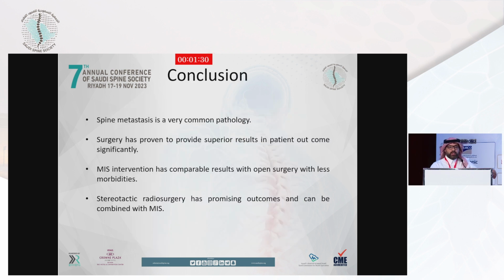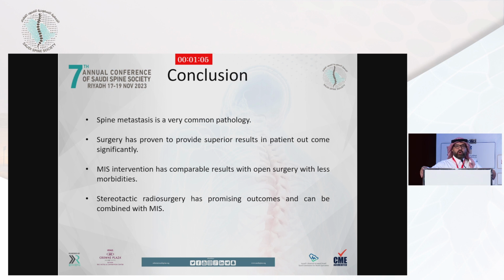To conclude, we have to know that spine METs is a very common pathology. As we mentioned, 10% of patients with cancer have asymptomatic spine METs, ranging from just mechanical pain to severe neurological compromise with cord compression.